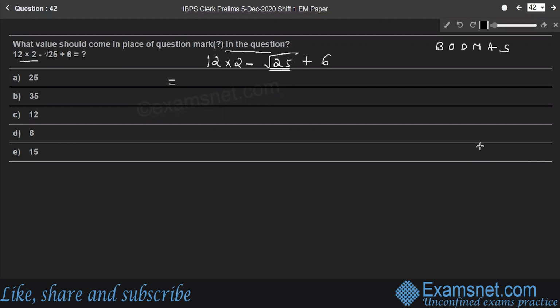So here let us solve the root part first. 12 into 2 minus root 25, which is 5, plus 6. Then the operation is followed by multiplication. So it is 24 minus 5 plus 6, which is equal to 25. Therefore, the answer is option A.